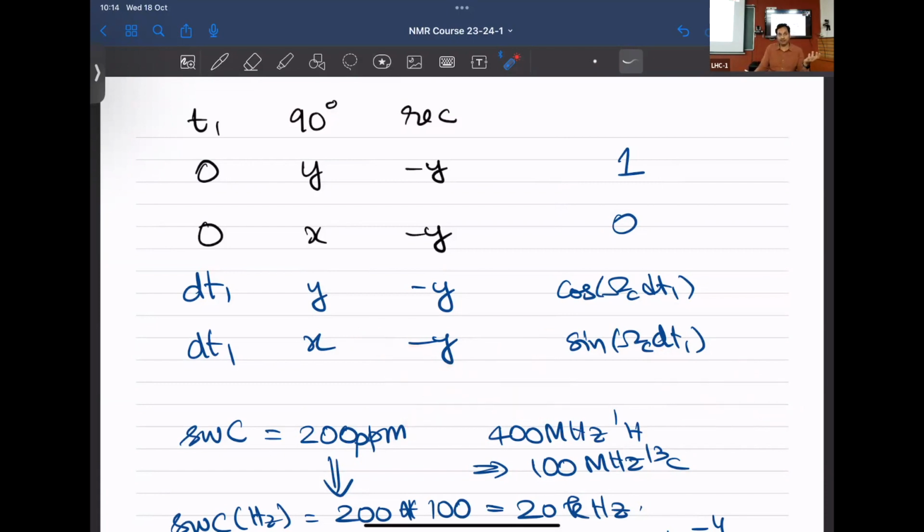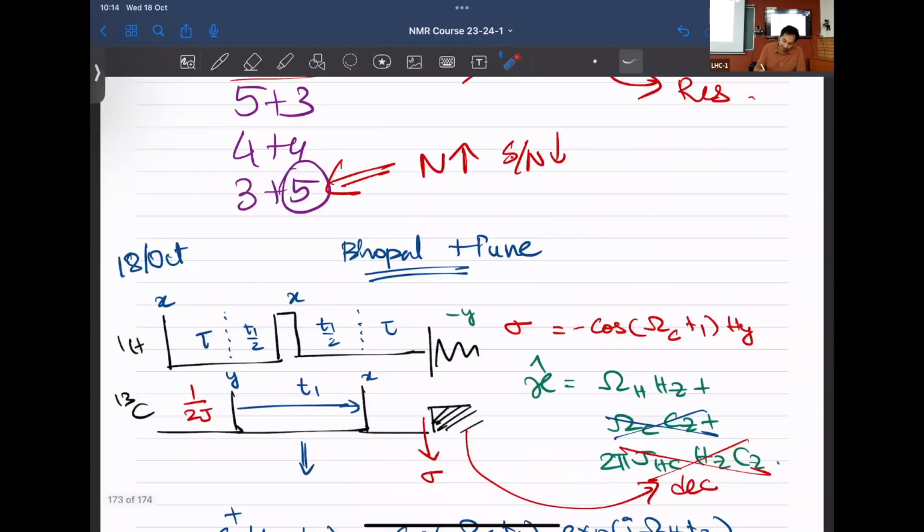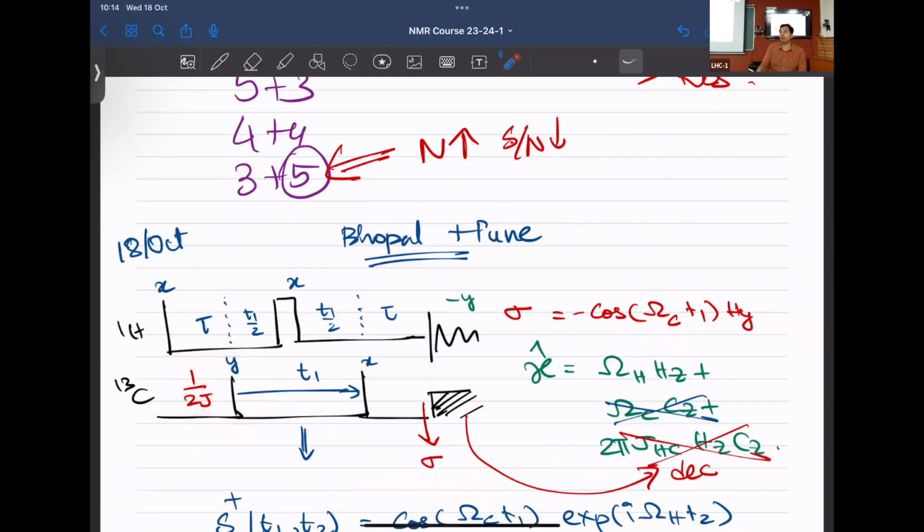We'll come to that later. Okay, because remember, once you excite proton, all protons get excited, irrespective of whether it's bonded to C12 or C13. But the mere fact that you have a carbon-13 pulse and you're nicely tuning the tau delay to only select the coherence that passes through the carbon enables the fact that only directly bonded CH gives you a signal.